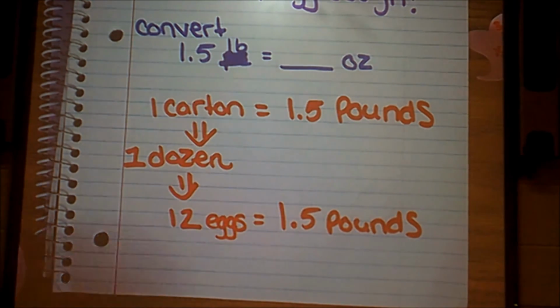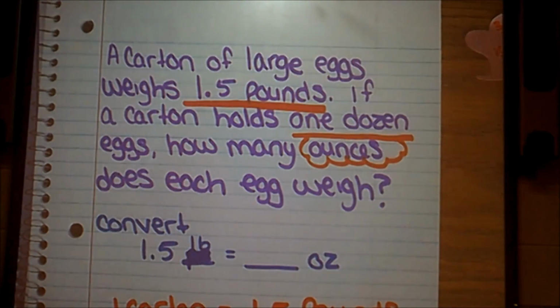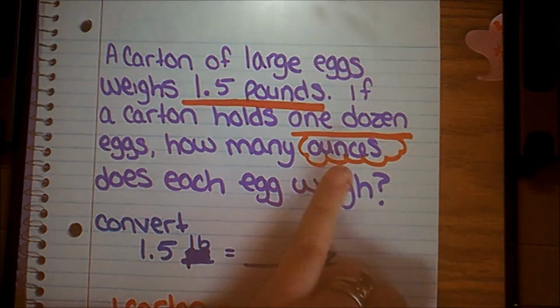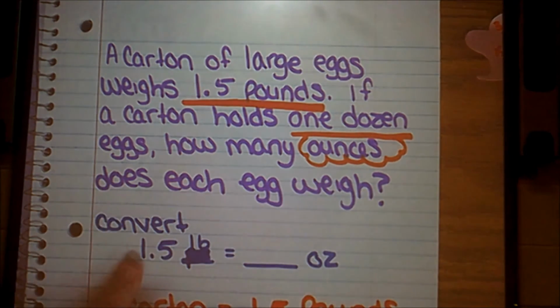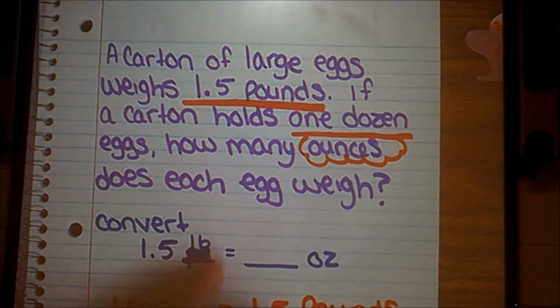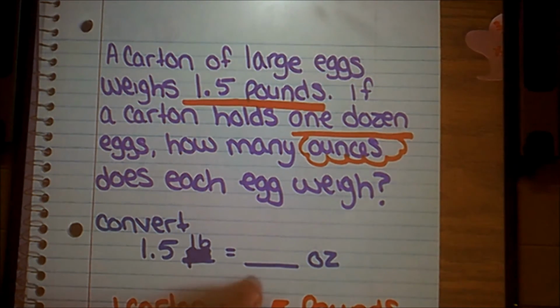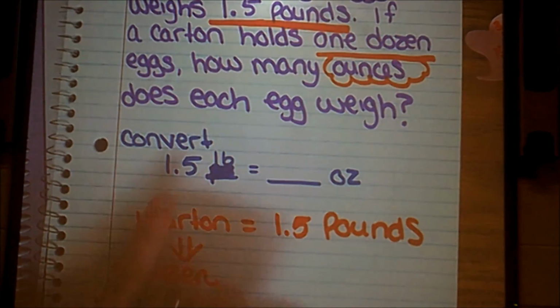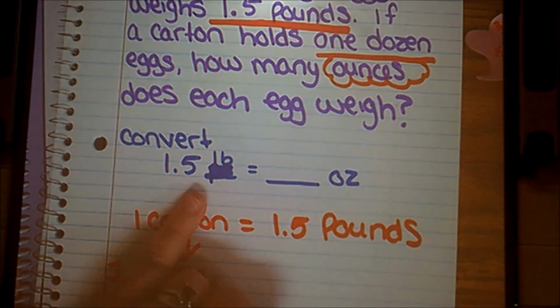Another thing I remember: the question wants the answer in ounces. So because the question wants the answer in ounces, I need to convert my 1 5/10 pounds into ounces. So we need to decide, am I going big to small or small to large?